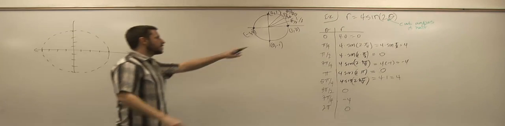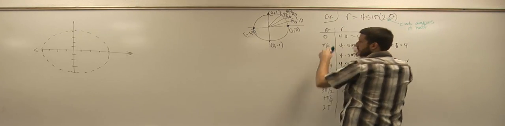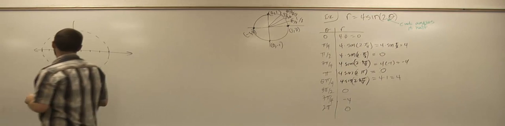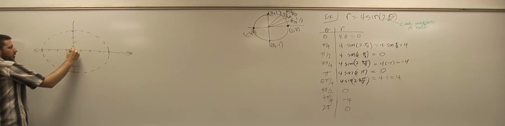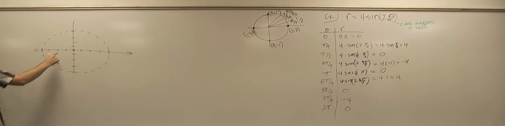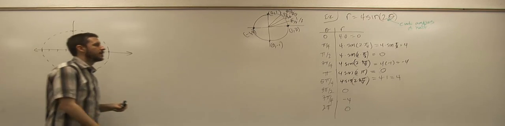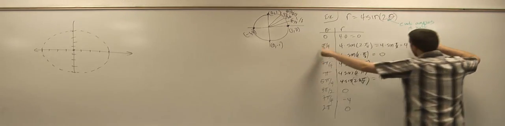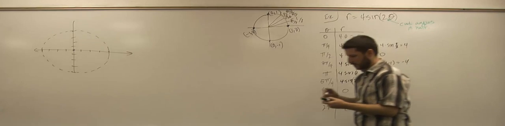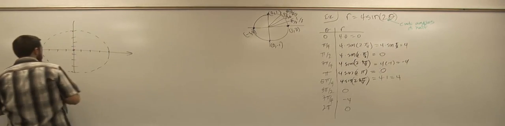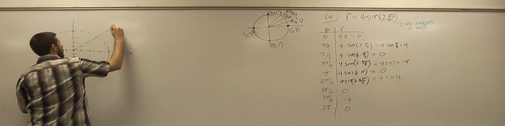When theta is 0, r is 0. What's that mean? Where do I put a point? Origin, or pole. Right, whenever r is 0, you get a point right in the middle. When theta is pi over 4, r is 4. So here's the angle pi over 4.